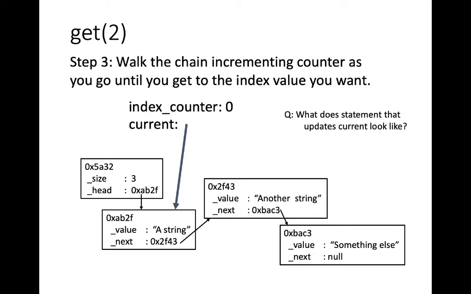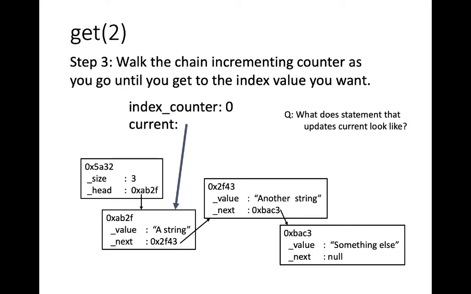Okay, so actually that's not quite how that while loop is going to work, because we're going to say while my index counter is not equal to the index I'm looking for, in this case 2. So the while loop is actually going to compare index counter to the index that I'm looking for.